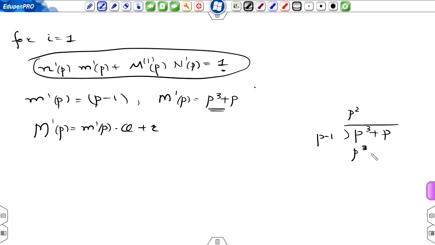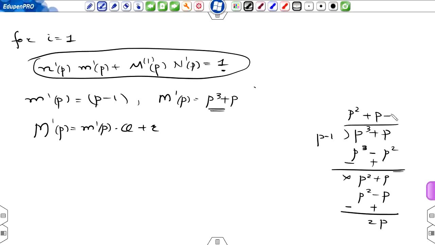this is p cube minus p square, minus plus, p square plus p, and now plus p, so it will be p square minus p, this will be 2p, and multiplying p minus 1 by 2, so I have 2p minus 2 and the remainder is 2.